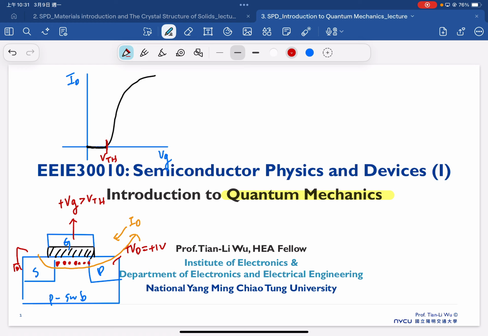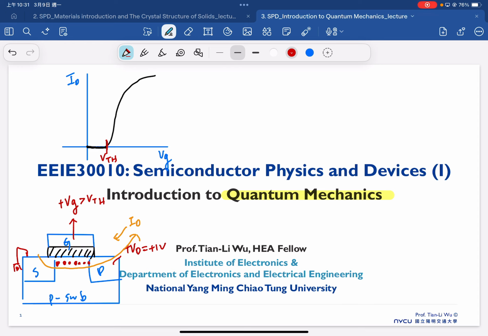So that's a typical MOSFET operation. Later when we talk about the MOSFET, we will talk about some more details. But this basis is enough to understand the typical ID-VG characteristic. This curve we have mentioned maybe 3 times, 5 times already, so I think everyone should be at least a little bit familiar with it.